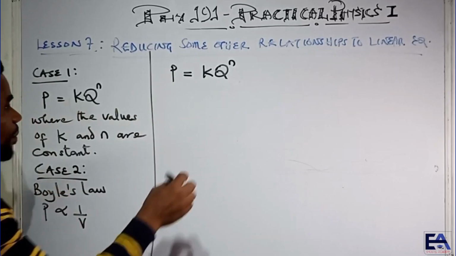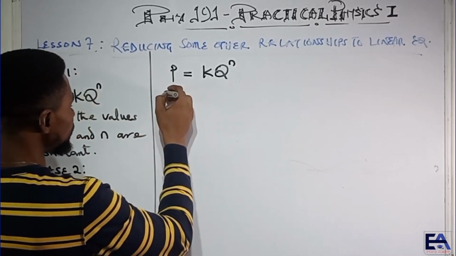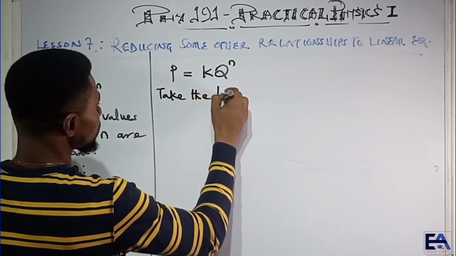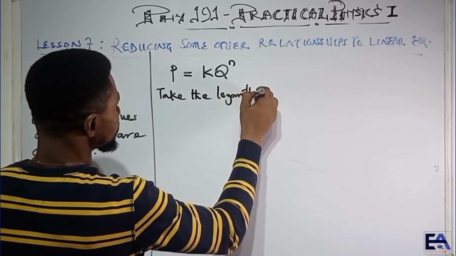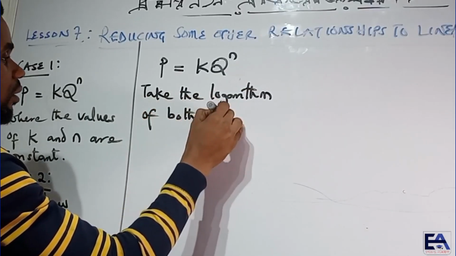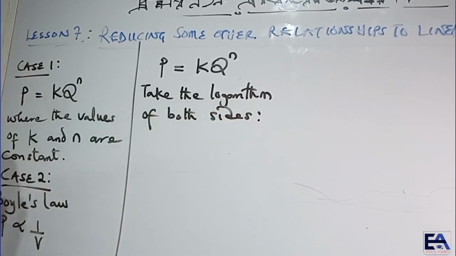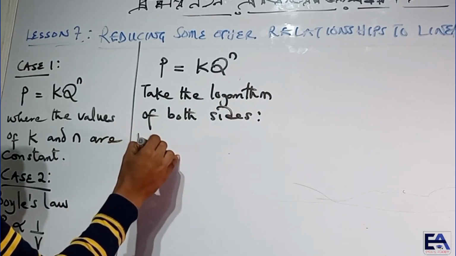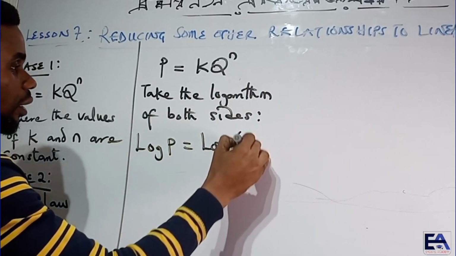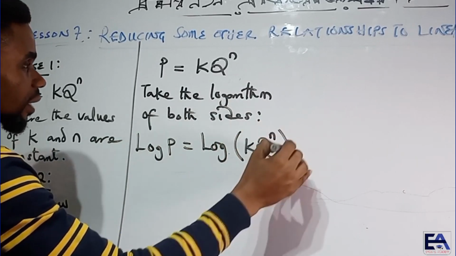To go about that, what you do here is to take the logarithm of both sides. So you are going to have log P is equal to log KQ raised to power n.